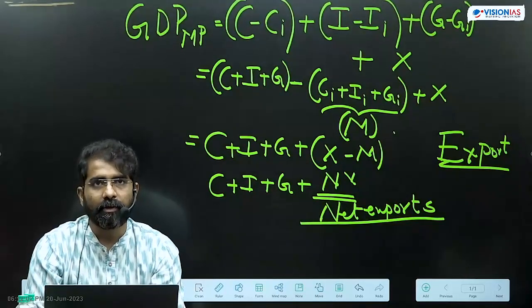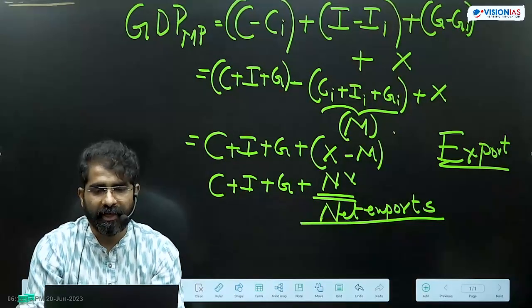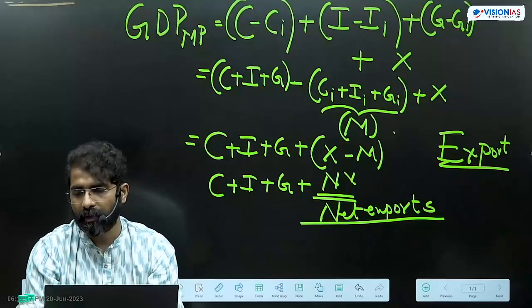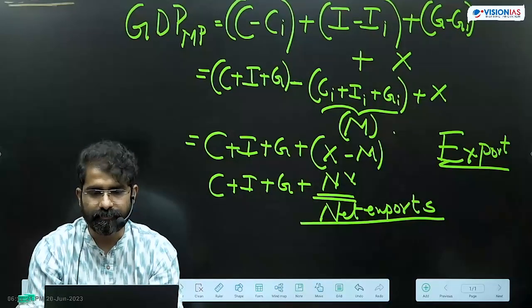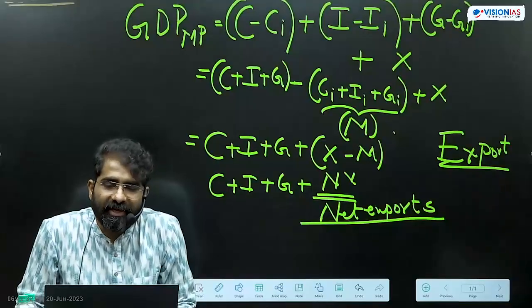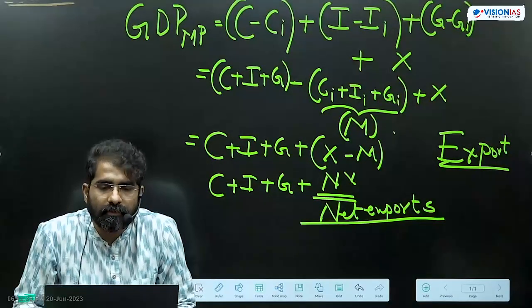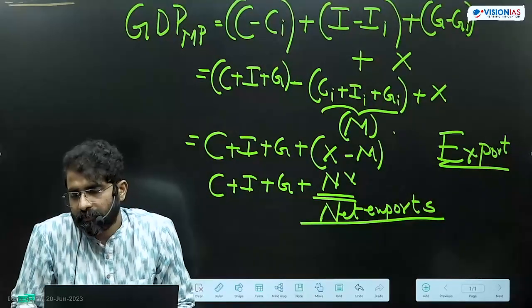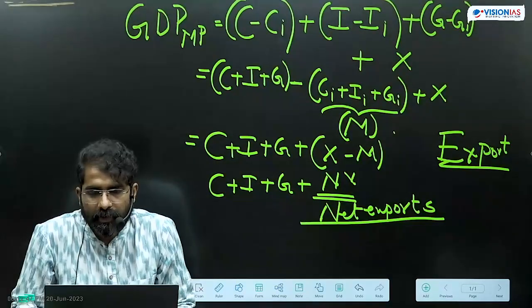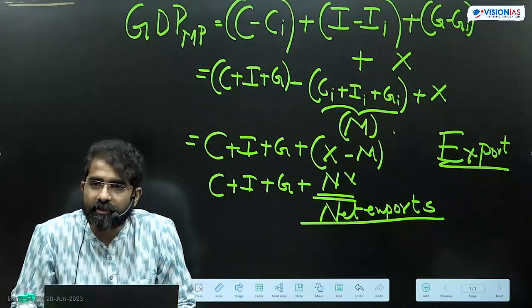By deducting depreciation and net indirect taxes from GDP at market price, and adding NFIA, we arrive at NNP at factor cost. NNP at factor cost.